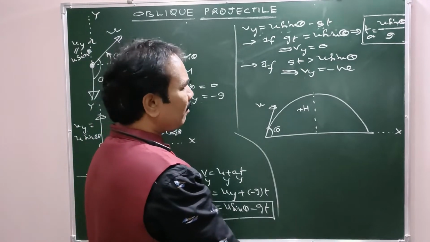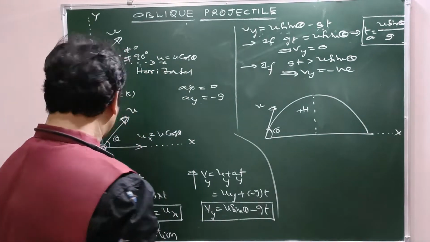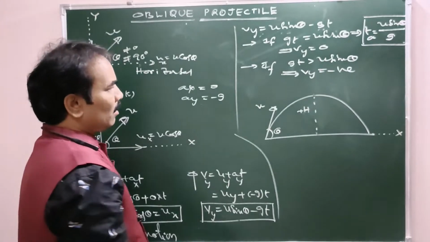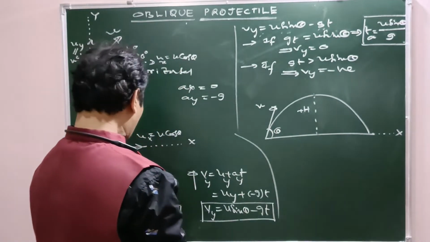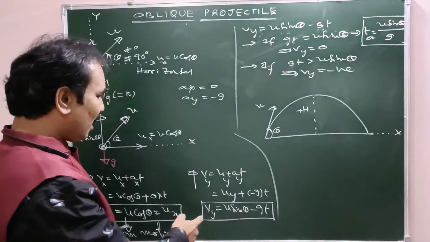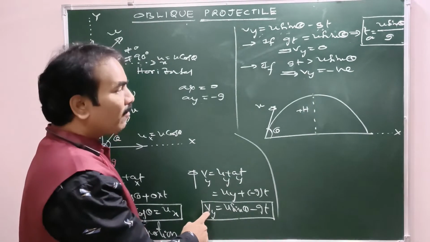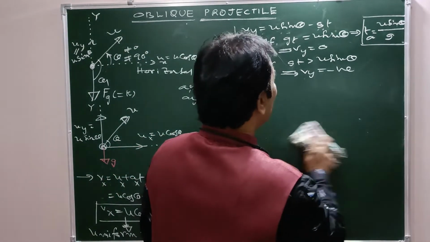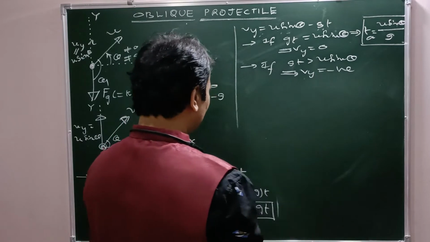Okay. Now let us see a few more points here. Suppose as time goes on here, the vertical component of velocity decreases. See, as time goes on, the vertical component of velocity decreases like that.